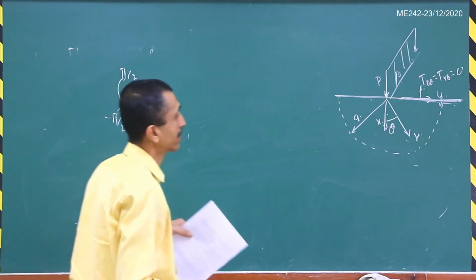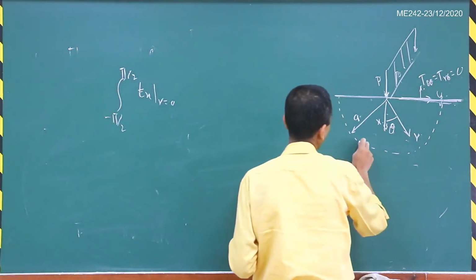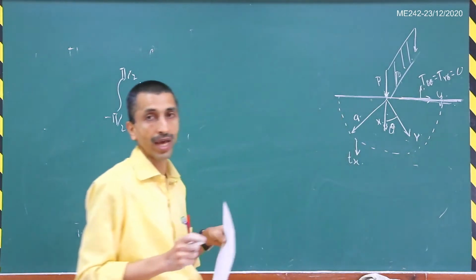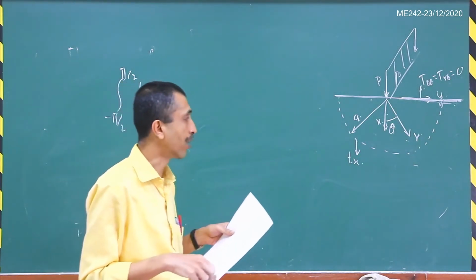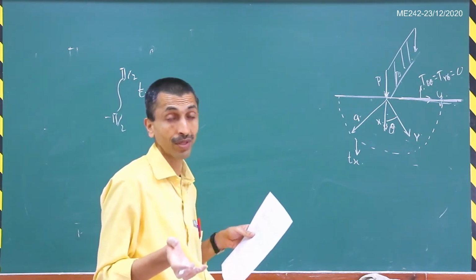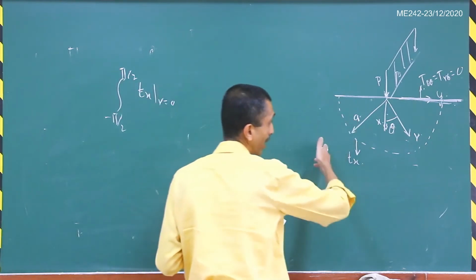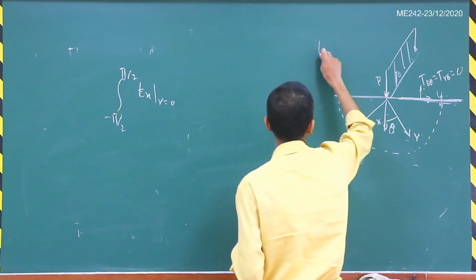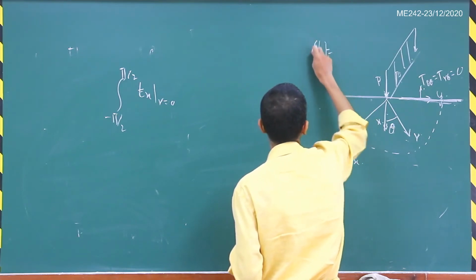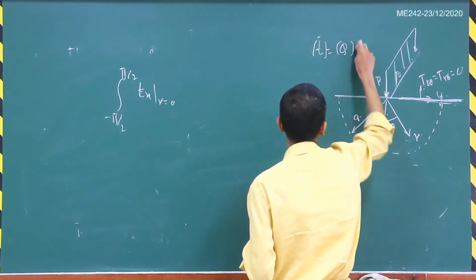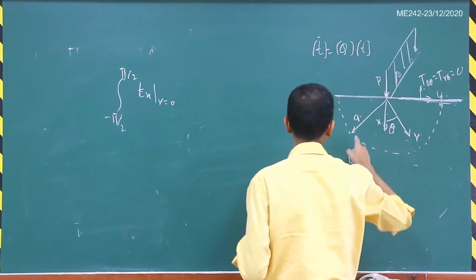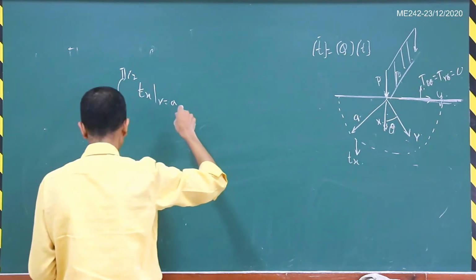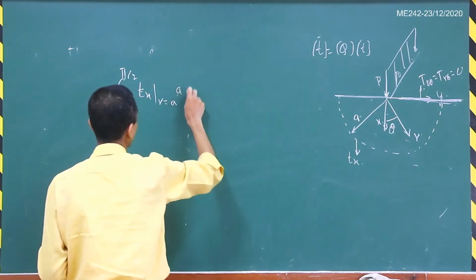Tx is the traction acting in this particular direction. You first find Tx from Tr and T theta. Tr will be just tau r, and then Tx you can find by the usual transformation law, T bar equals Q times T. From that formula you can find Tx, and then evaluate it at r equal to a, times a times d theta.